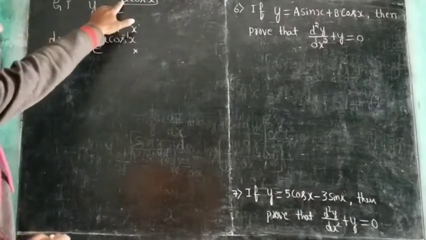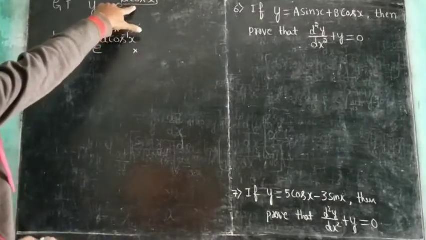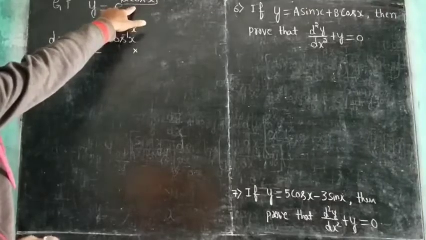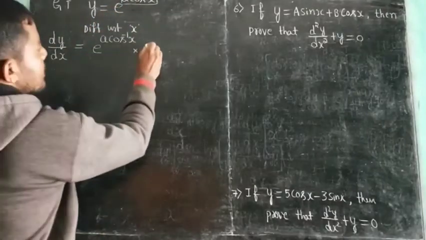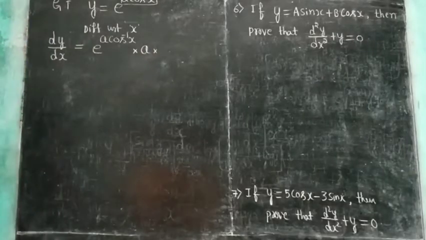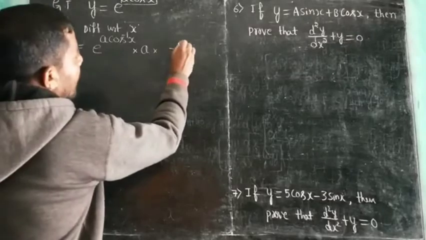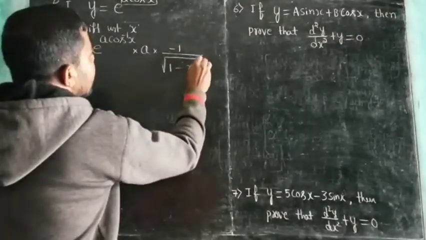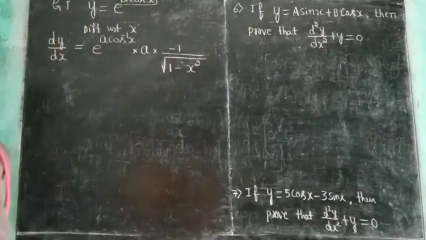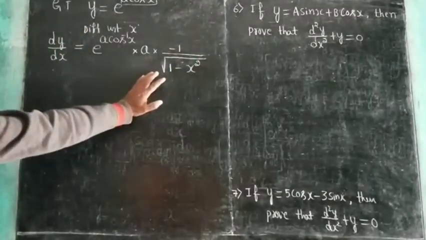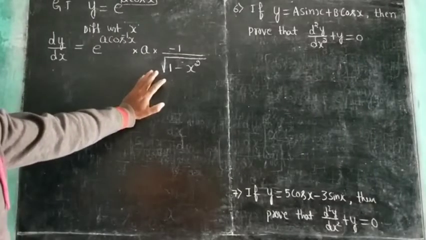In the place of dabba we have a cos inverse x. We want the derivative of a cos inverse x. In a cos inverse x, a is a constant, so take a as it is into the derivative of cos inverse x. The derivative of cos inverse x is minus 1 divided by root of 1 minus x square. In the denominator, root of 1 minus x square is there.